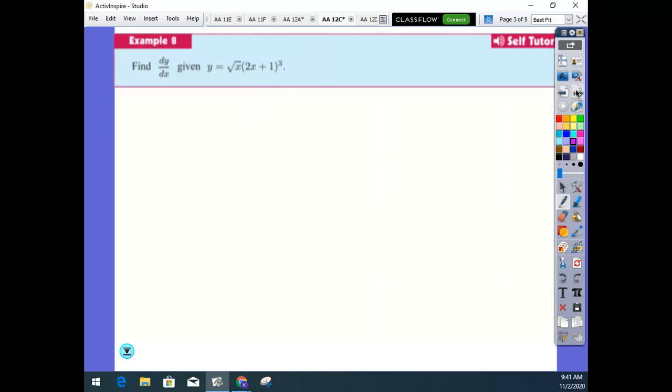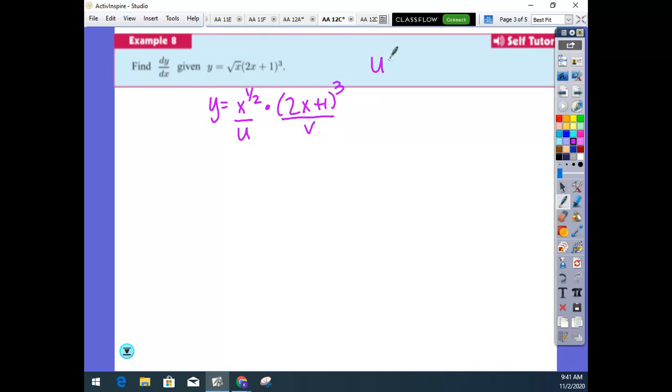Okay, one more. First, I'm going to rewrite x to the 1/2. This is my u. This is my v. U v prime plus v u prime, the derivative of y with respect to x.